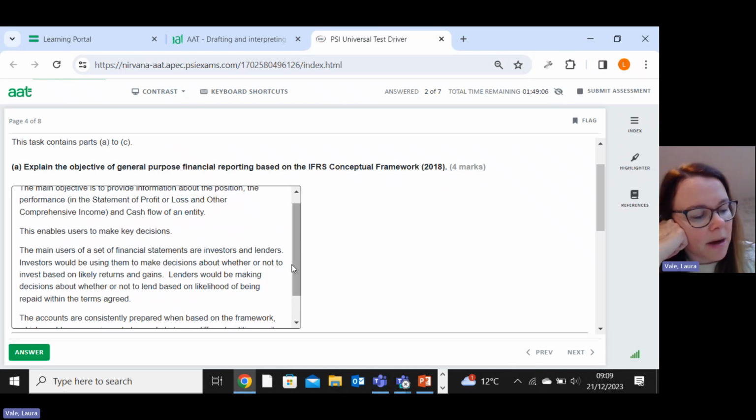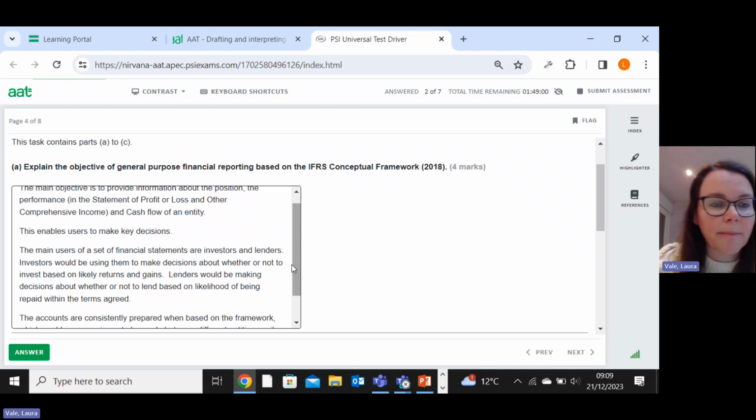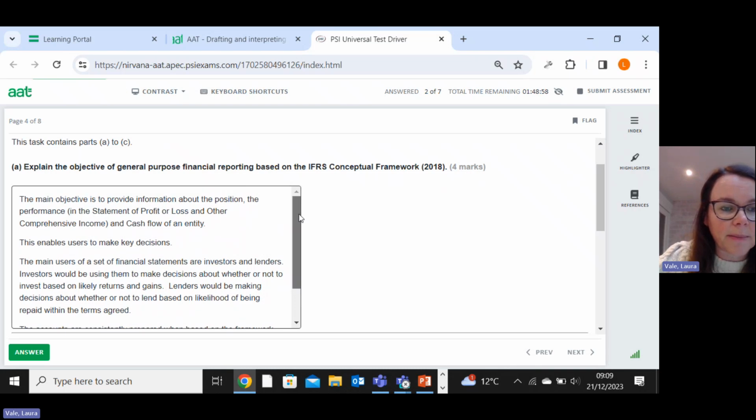So a fairly generous mark scheme. Let's see what the key points are. The objective is to provide information about the reporting entity, something along the lines of what I've got in that first paragraph. They've given a mark for that as well. So if I was generous, I might think 2 marks there.